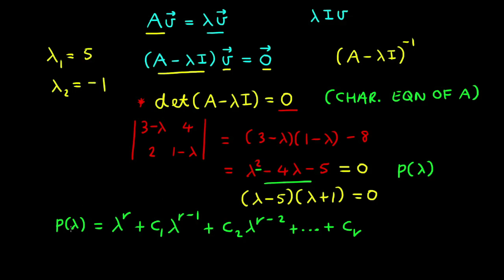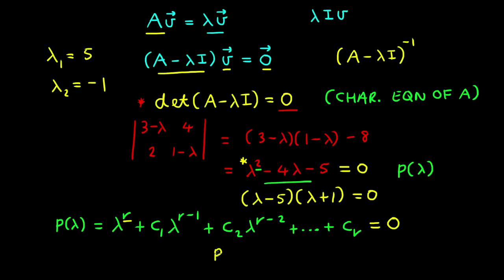So note that when we equate the characteristic polynomial with 0, a polynomial of degree R has at most R distinct roots. Noting that we can get a repeated root for some characteristic polynomials.